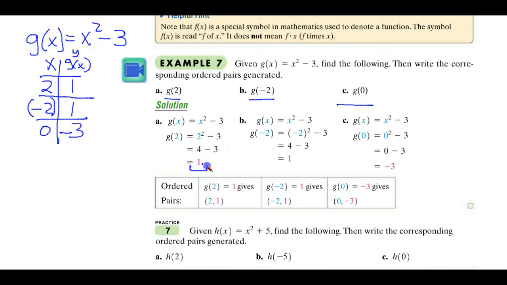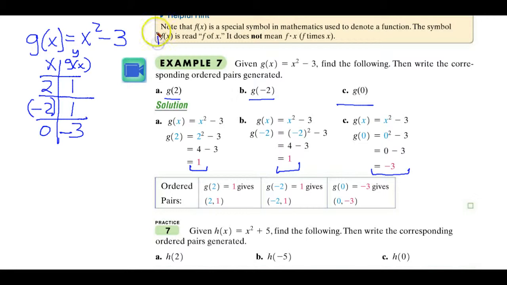Now notice they're giving you the values this way. I think it's nice to think of it this way. These are, in a sense, an ordered pair, and your T-chart helps you to organize what you're doing, and it ties it in to what we have been doing in this chapter. Oh, and a little note here, that whenever you see f of x, it does not mean that the f is times the x.